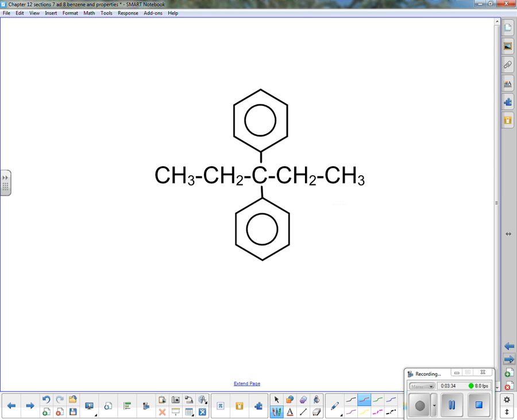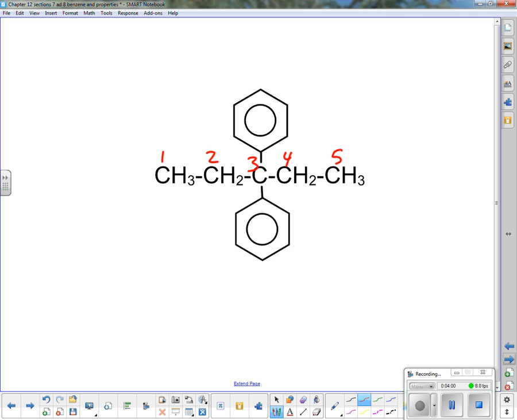What happens if I have more than one? We actually built one of these in lab. And when we did our model lab, we still go with the longest chain, and that's the center one. We're not going to worry about the cyclics because we can call them phenyls. And it doesn't matter which way I go because I have 5. So 1, 2, 3, 4, 5. Now again, we have 2 phenyl groups.